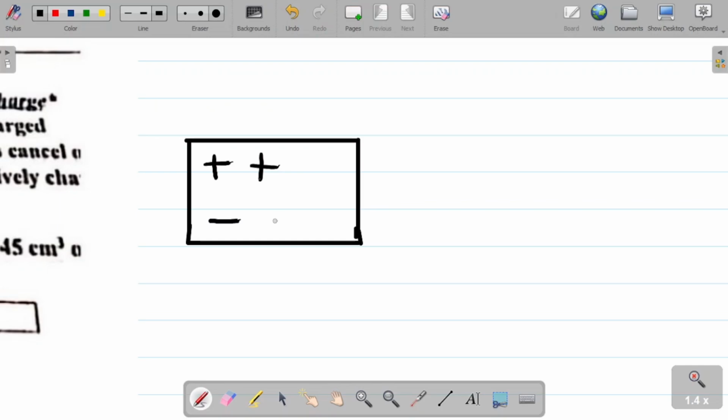Again, if I do this, I have 2 protons, that's 2 positive, and then 3 negative or 3 electrons. Again, if this cancels out, positive cancels negative, positive cancels negative. Observe I have just 1 negative left. All right, so this atom becomes negatively charged. So for a negatively charged atom, we have more negatives, or more electrons, than protons.